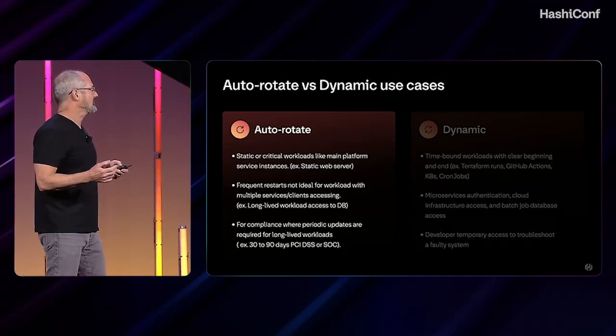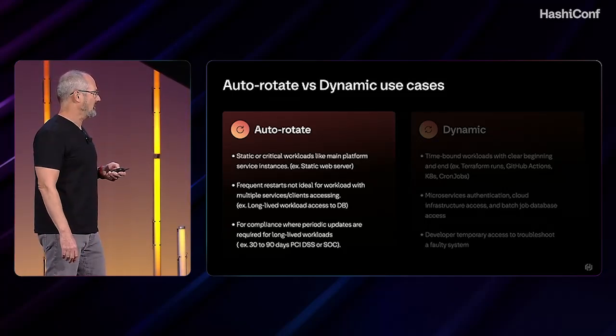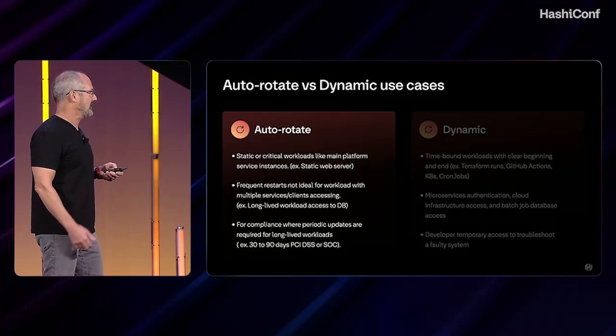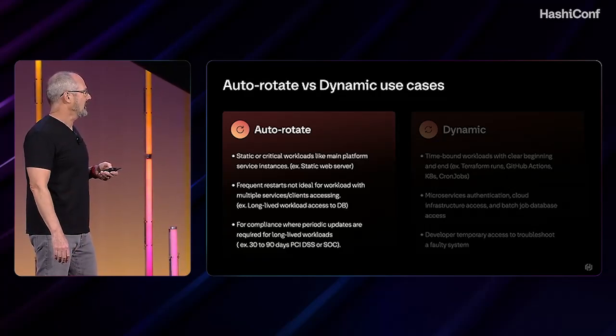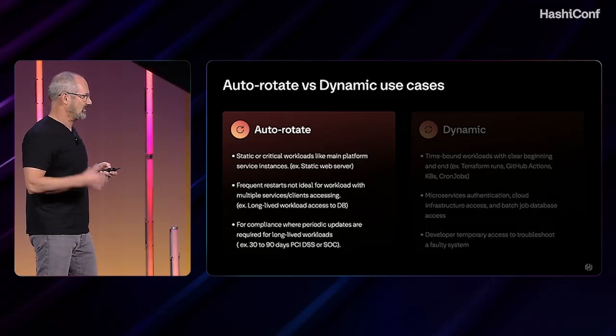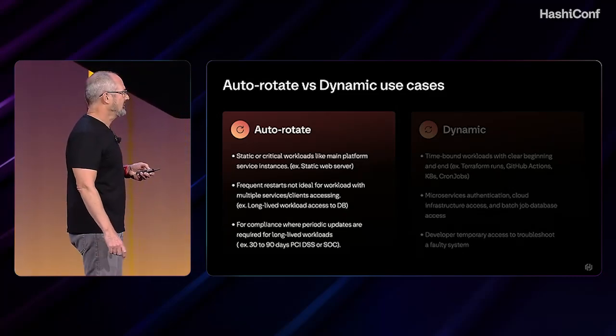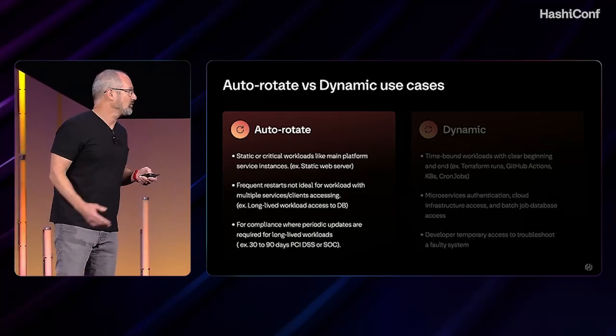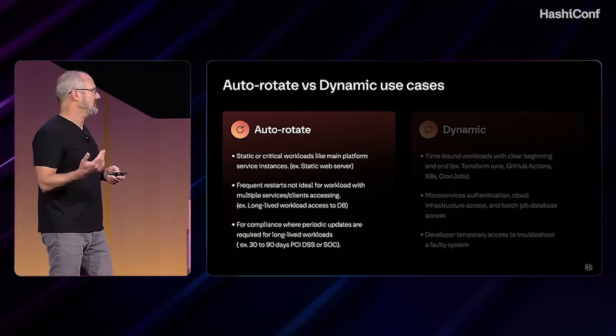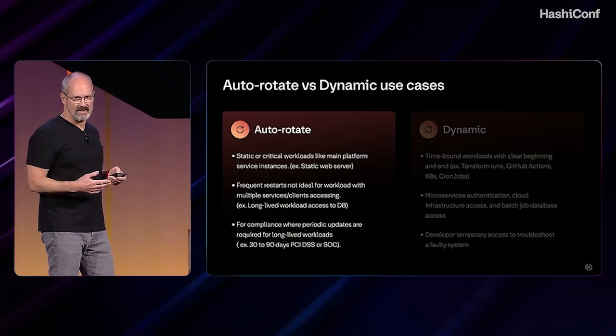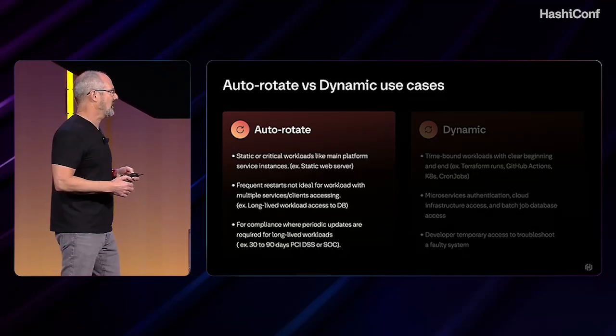So frequent restarts are just not ideal for workloads where you want to use that kind of secret. Like I said, it could be a long-lived workload wanting to access a database, not a just-in-time situation. They're also good for meeting compliance requirements. I think about something like PCI DSS, where you need a 90-day rotation, I think, is what's required for compliance with that.